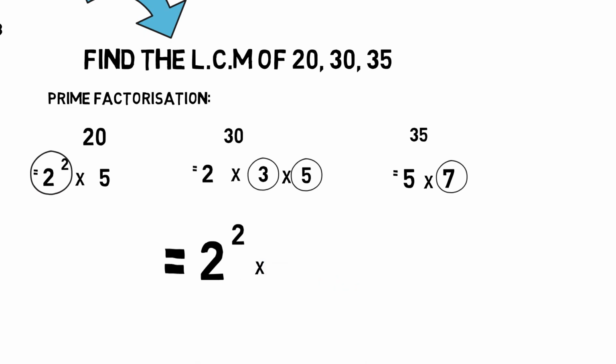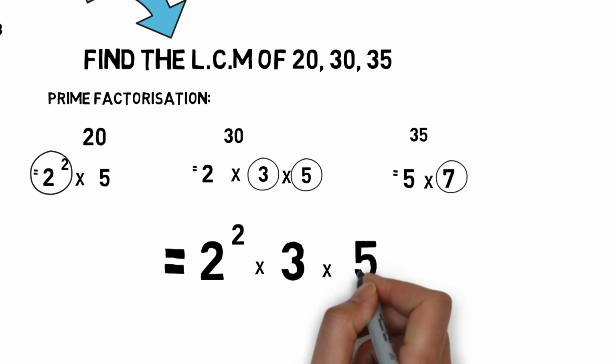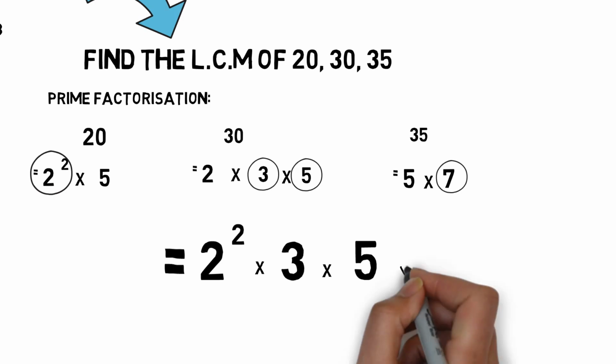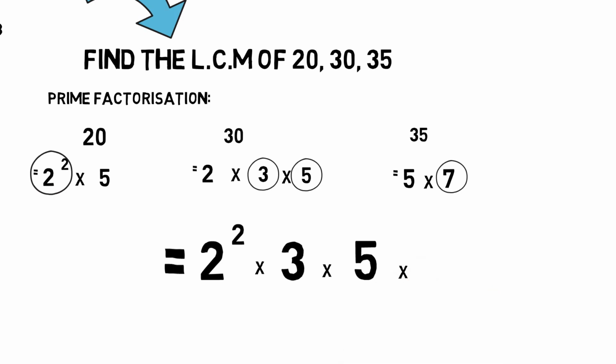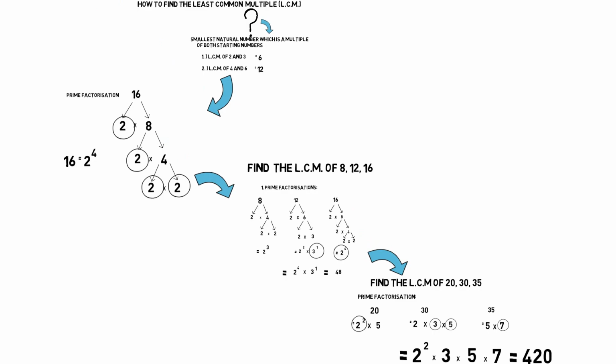So that is 2 to the power of 2 times 3 times 5 times 7. Very important: don't use any exponents that are lower, only use the highest exponent. So the least common multiple for 20, 30, and 35 is 420.